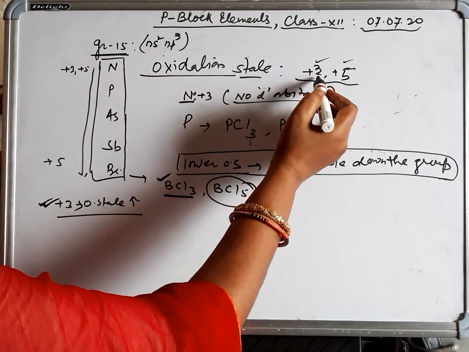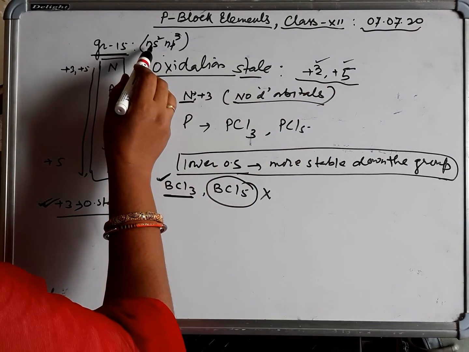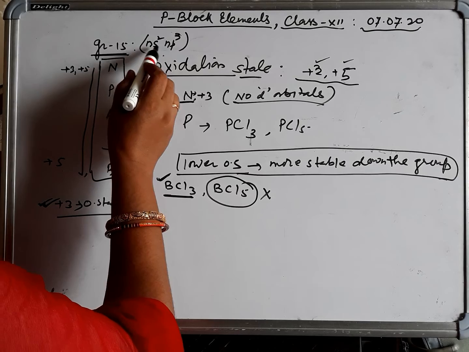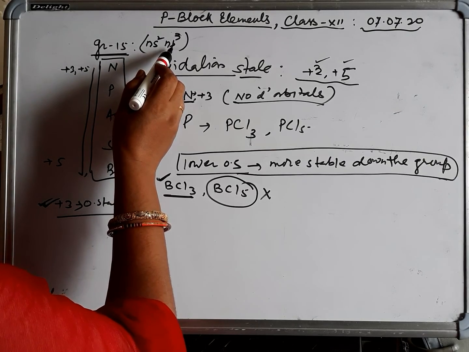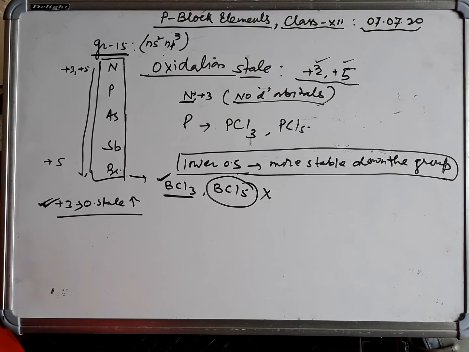If only the p electrons are involved, in that condition it is the +3 oxidation state. When both electrons are involved in bond formation, meaning electrons of the s as well as the p orbital, in that condition the covalency or oxidation state of group 15 will be 5.